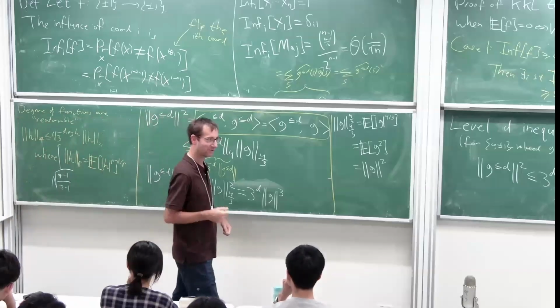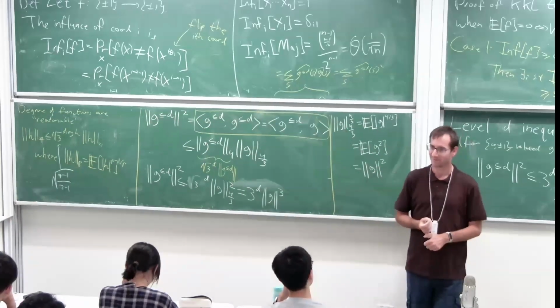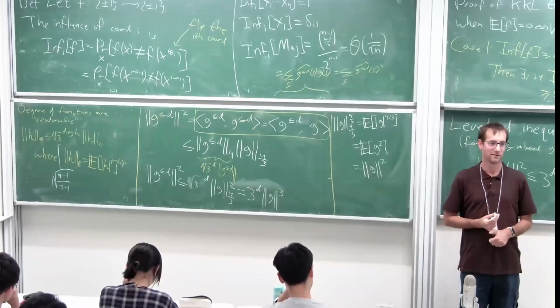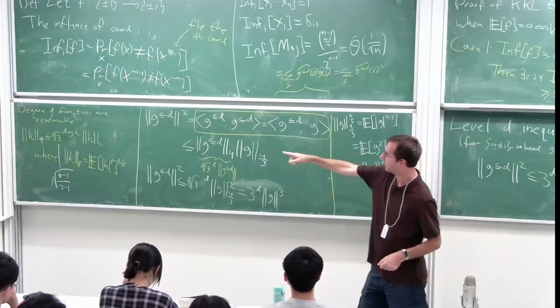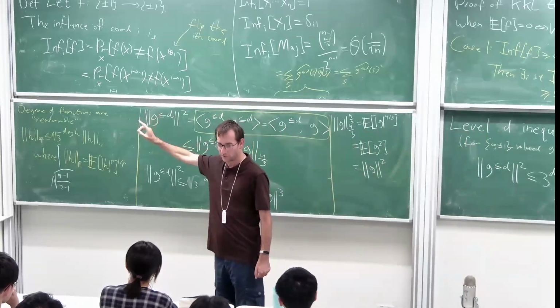But we won't see the proof because it's a calculation which is not very nice. Any more questions? So tomorrow we will see the proof of this thing using hypercontractivity, and prove hypercontractivity. So we'll see a complete proof of Talagrand.